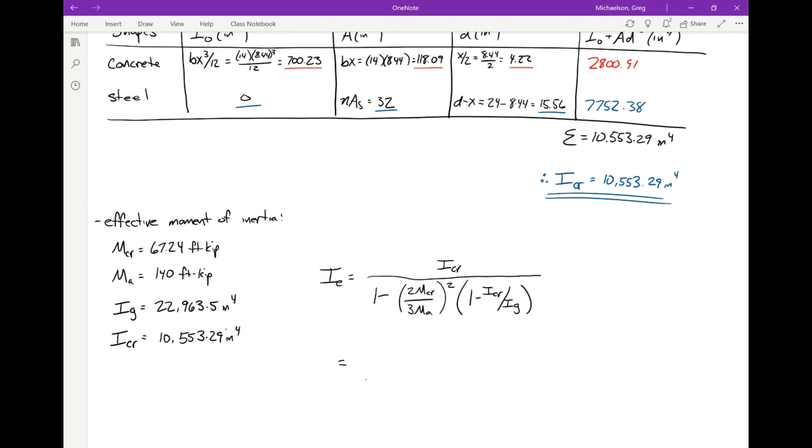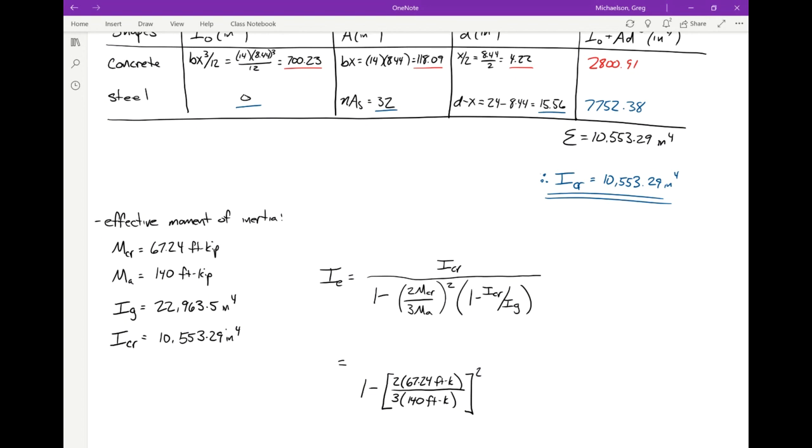All right, so let's just do this bottom. So 1 minus, let's do that in brackets, 2 times 67.24 foot kips, and then 3 times 140 foot kips. So right there, the units are going to cancel.